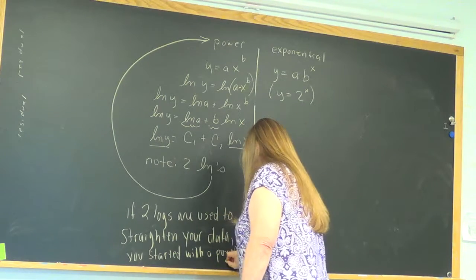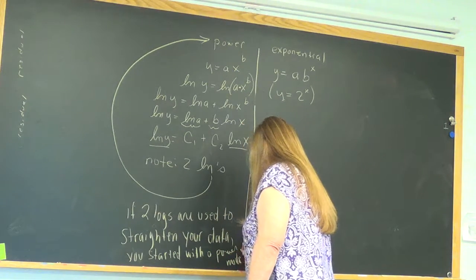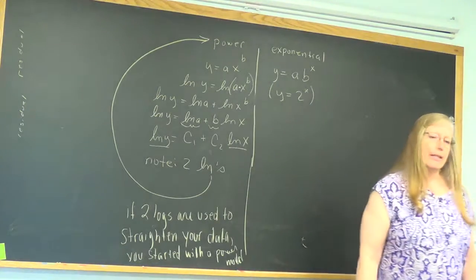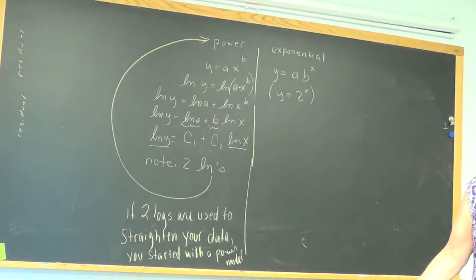Why does that matter? I don't know. It seems important to the stat powers that be. Because they'll say, what kind of model are you working with? Right in the middle of the problem. So that's the way you can tell. If you have two logs in your answer.